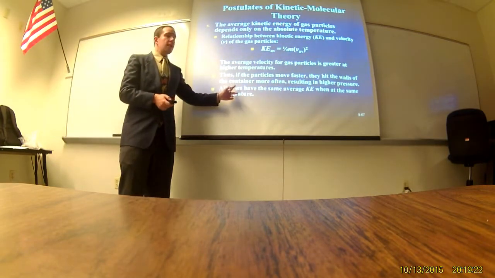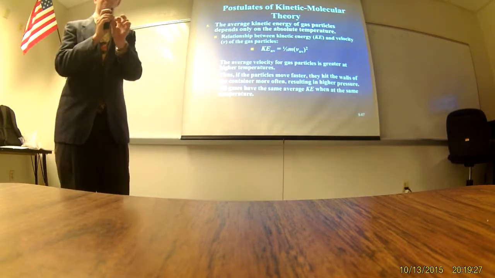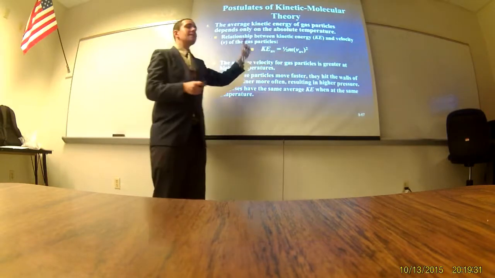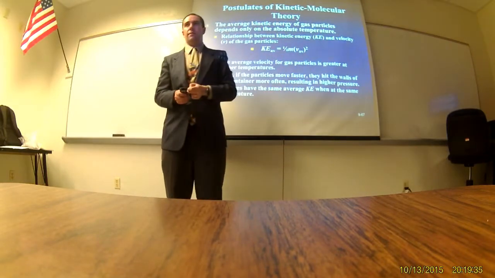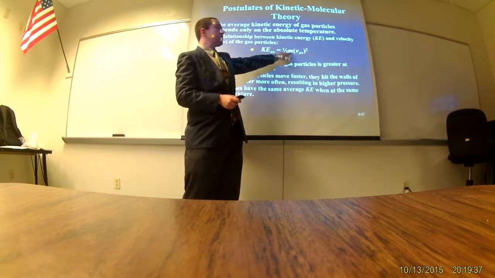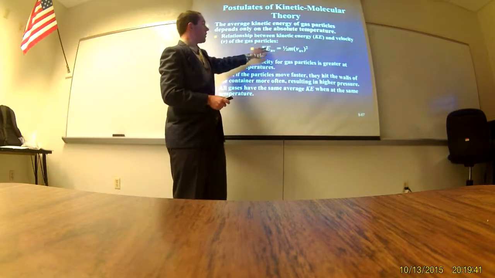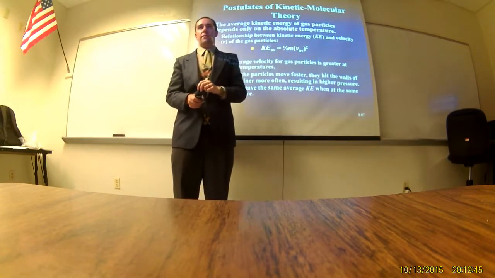If you have two gases and they have the same temperature, that means they have the same kinetic energy. That does not mean that they have the same velocity, because this equation takes into account mass. So kinetic energy is a product of mass and the velocity squared.